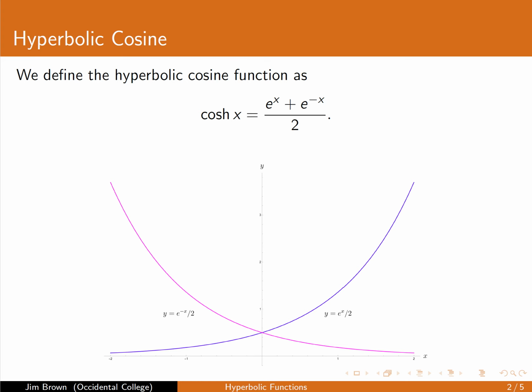But you can see as we go towards the positive x-axis here, the pink function, the e to the minus x over 2, gets really small. So when we add it to the purple function, we're not really changing the purple function much at all. And so we see this with the hyperbolic cosine function here, as we go through 1 when x is equal to 0, but then we approach those other two functions, the pink function and the purple function, as x goes to infinity and x goes to minus infinity.